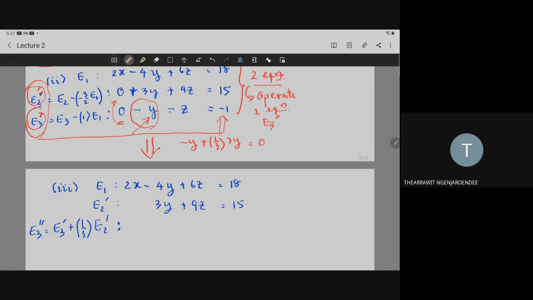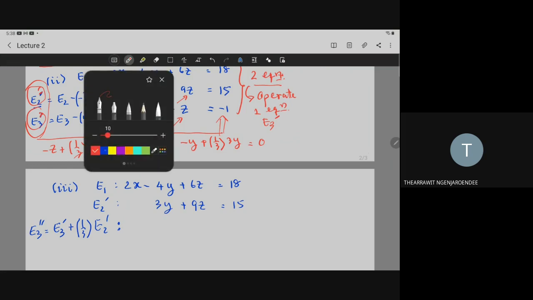For this term, I have minus z plus 1/3 of 9z. So 3 minus 1 gives 2z.